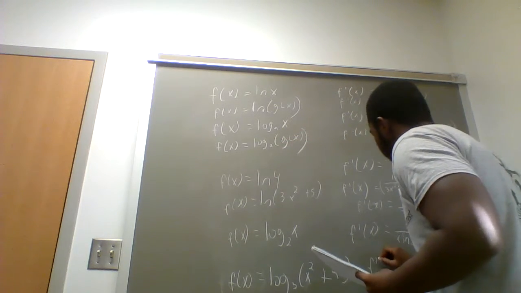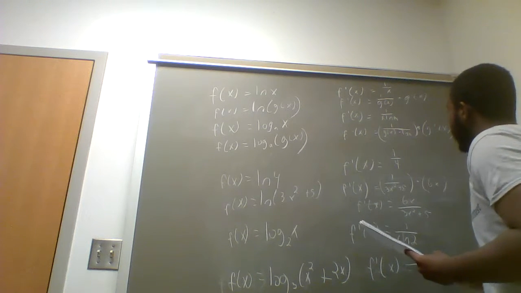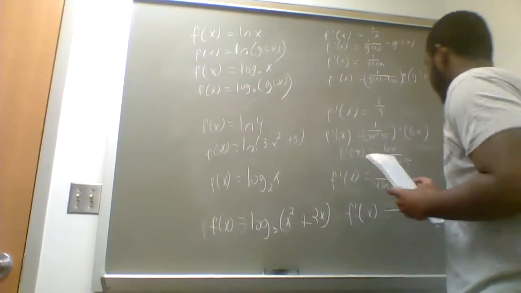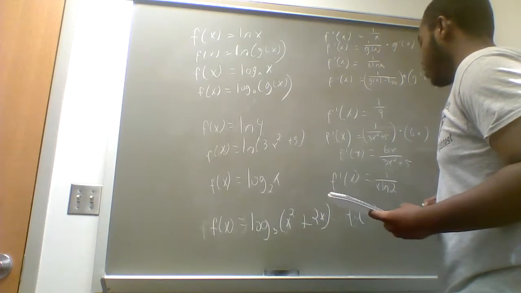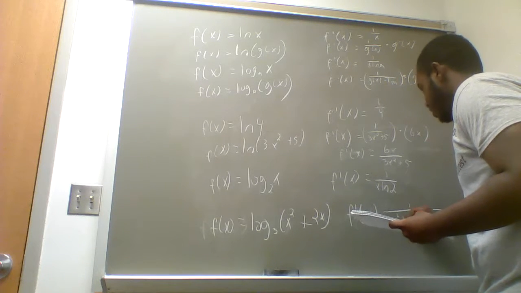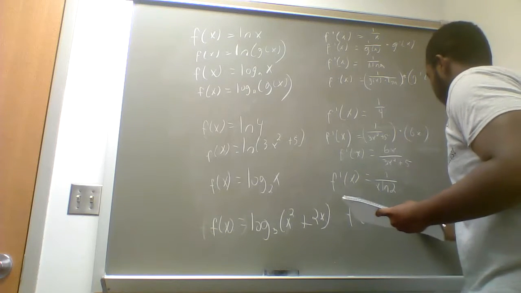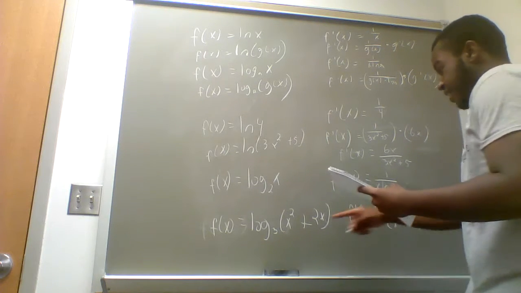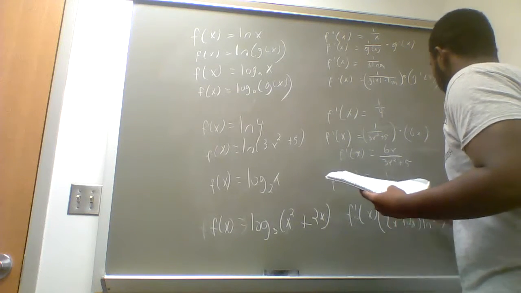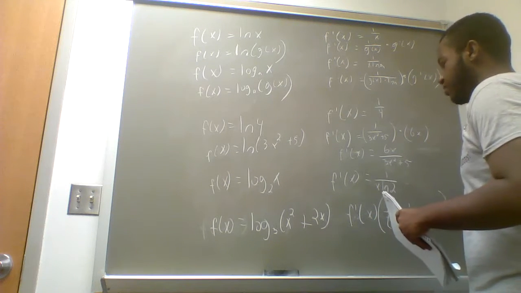So f prime of x would be equal to 1 over g of x, which is x squared plus 2x, and that multiplied by the natural log of a, which is, a is 3, so natural log 3. And then all of this multiplied by g prime of x, which is 2x plus 2.